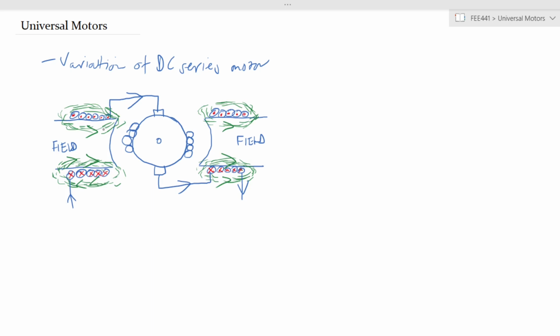So what this ends up becoming is, in this particular configuration, a north pole and a south pole, and a resultant magnetic field that moves in that direction. So you have a field winding that is setting up a magnetic field through the armature, and the armature has currents flowing through it. Now the currents flowing through the armature are in this particular configuration, moving that way.